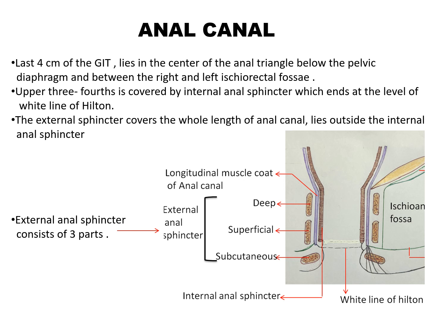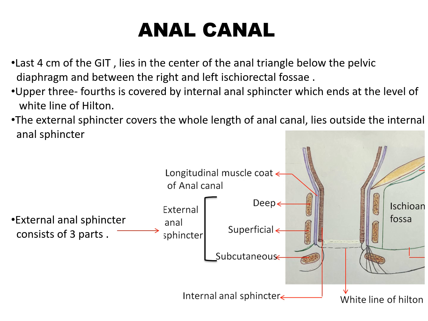If we take the anal canal, the upper 3/4 of the anal canal is covered by the sphincter called internal anal sphincter, which ends at the level of the white line of Hilton. The entire length of the anal canal is covered by a sphincter called external anal sphincter, which lies outside the internal anal sphincter.